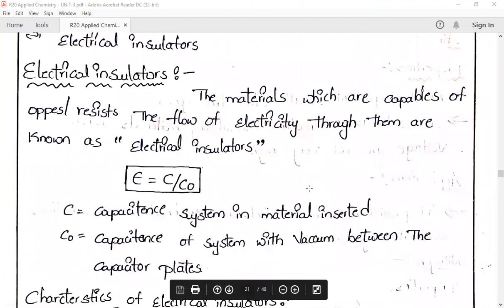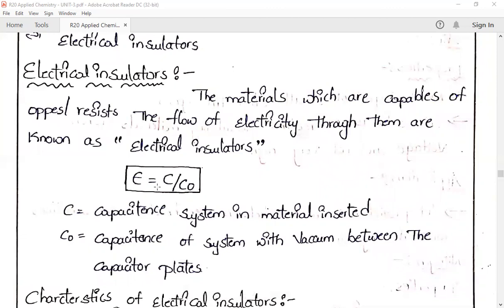It is given by the formula E is equal to C by C naught, where C is the capacitance of the system with the material inserted, whereas C naught is the capacitance of the system with vacuum between the capacitor plates.